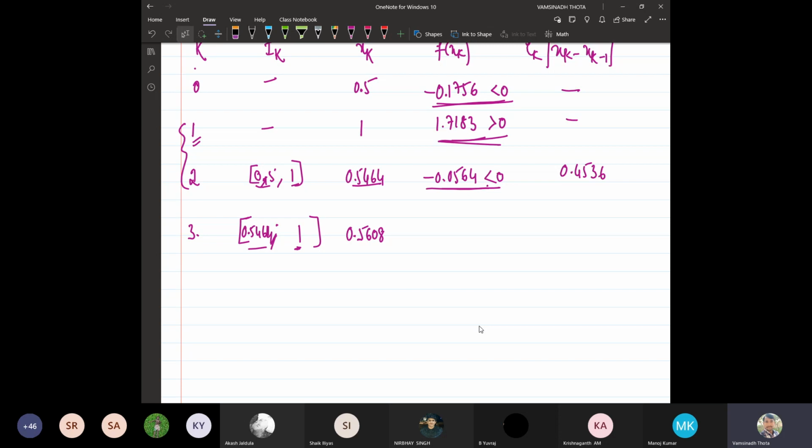Now what about f at this x3? f at this point is somehow minus 0.0175.